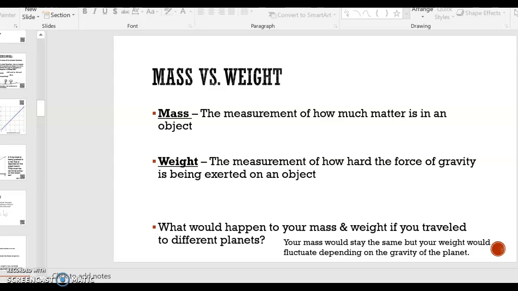Just to make sure you understand the difference between mass and weight: mass is the measure of how much matter is in an object, and weight is the measure of the force of gravity pulling down on that object. No matter where you are or what the gravity is, your mass will never change, but your weight will change depending on where you are.